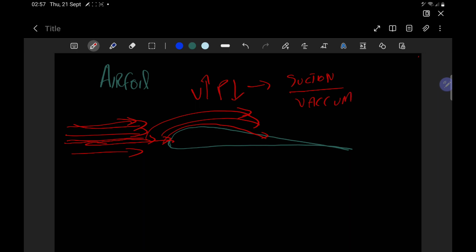Thus there is an upward force which is known as lift.